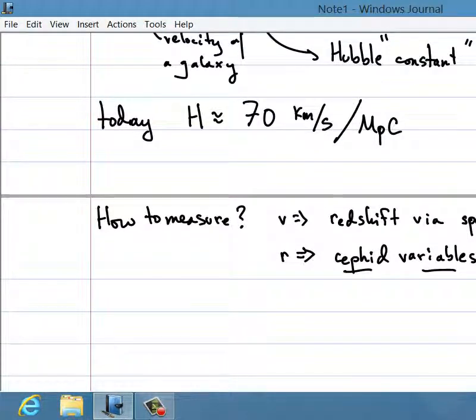They have periodic fluctuations in brightness, and these fluctuations have a period proportional to their overall brightness or luminosity.